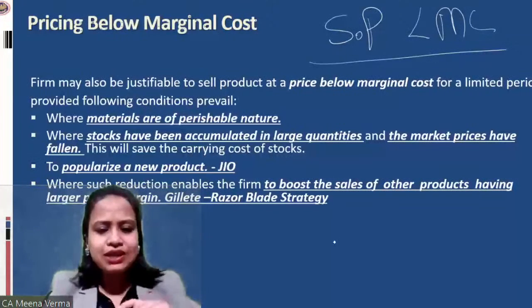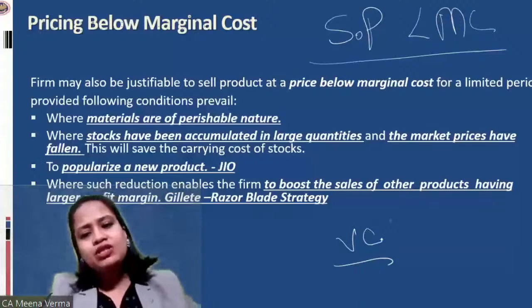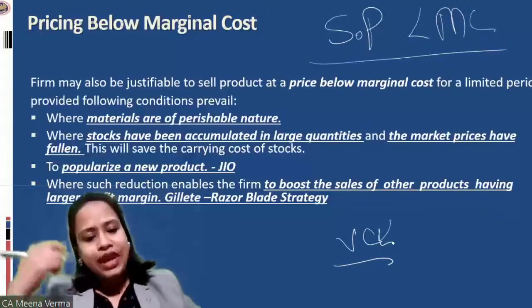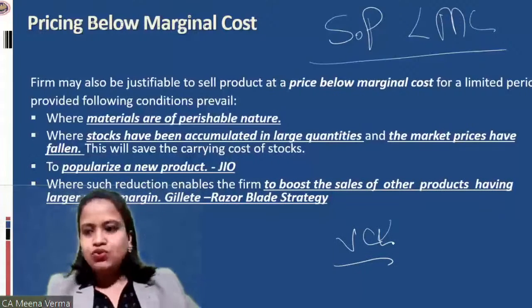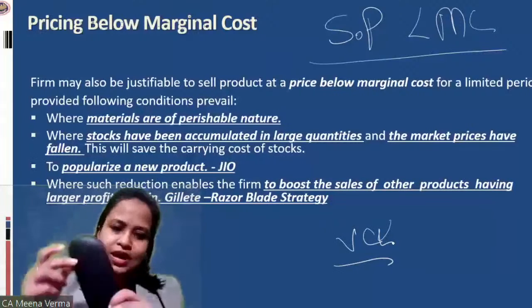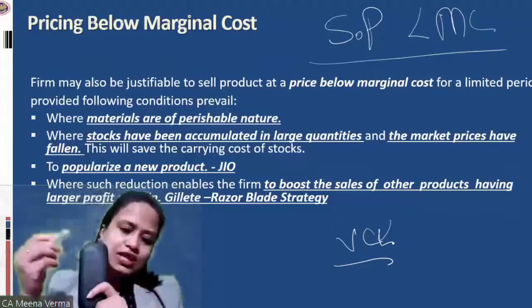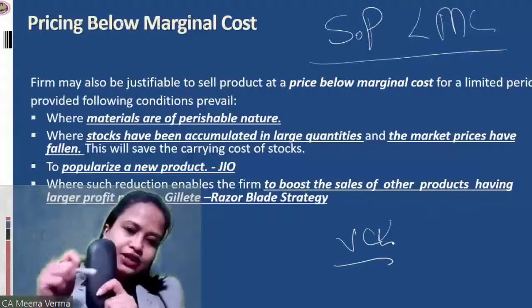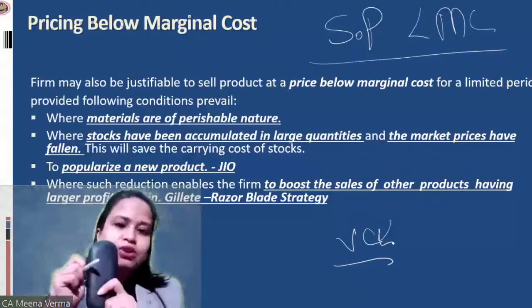Why do we say variable cost? Variable cost is the cost you incur on every product. For example, I'm producing this box and I incur rupees 50 as variable cost.